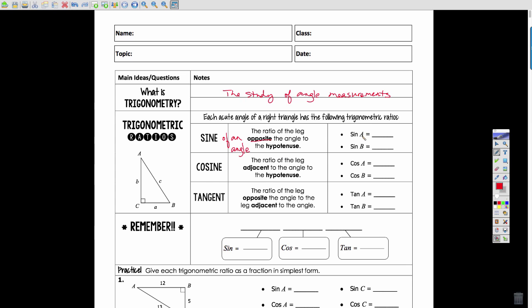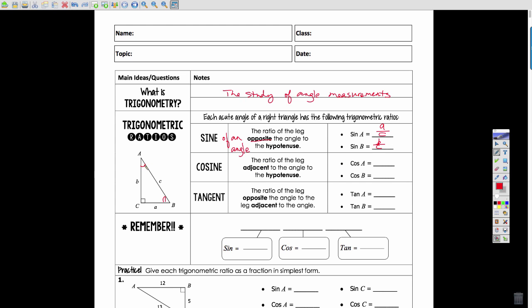In other words, sine of A is the opposite leg, which is A, over the hypotenuse, C. Sine of B, which is this angle, the opposite leg of that is the small b over C, the hypotenuse. The cosine is the ratio of the leg adjacent.